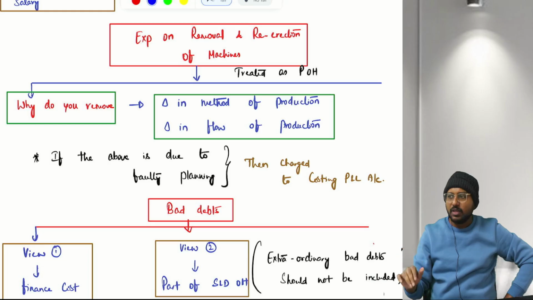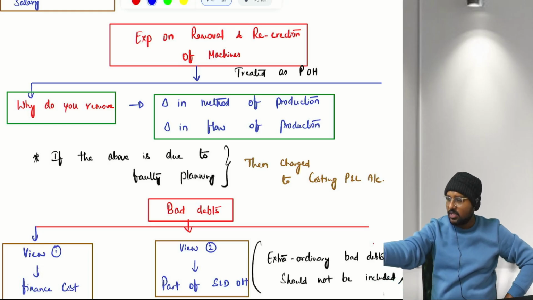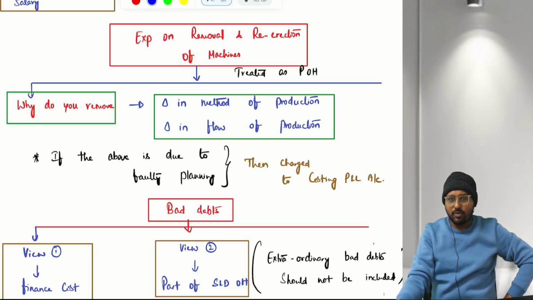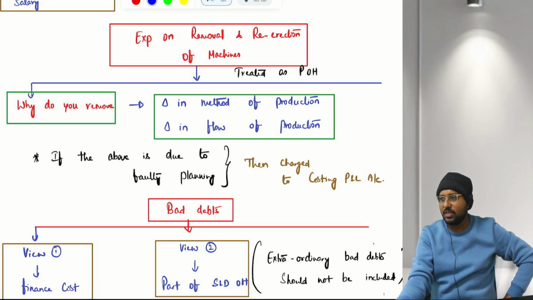And Karthik is the manufacturing head over there, and he has recruited Hasita. Hasita doesn't know anything about costing, but she has joined. She impressed him in the interview.